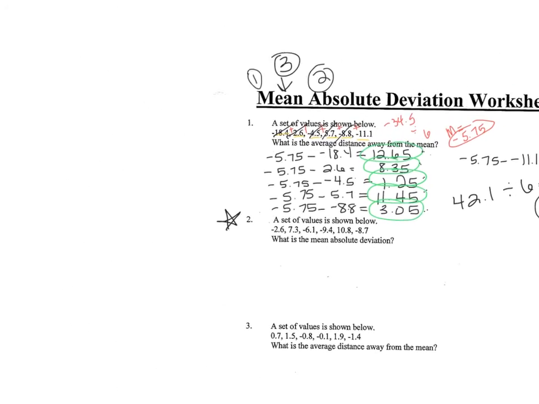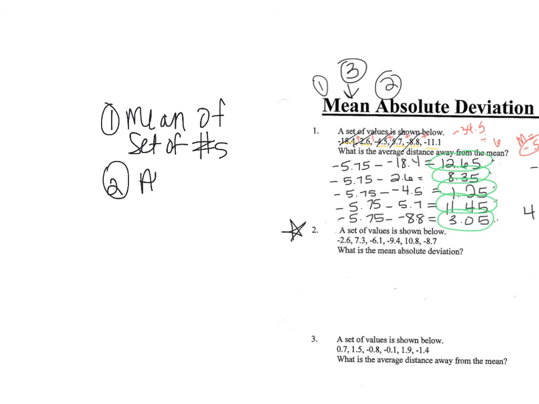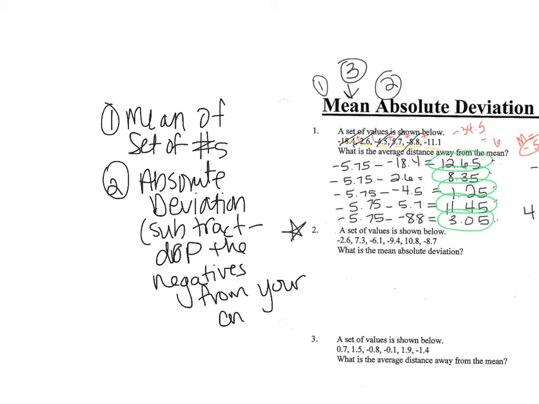Just remember your 3 steps. If it helps, write this down on a piece of paper. Step 1, you're finding the mean of your set of numbers. Step 2, absolute deviation: you're subtracting, and dropping the negatives from your answer.